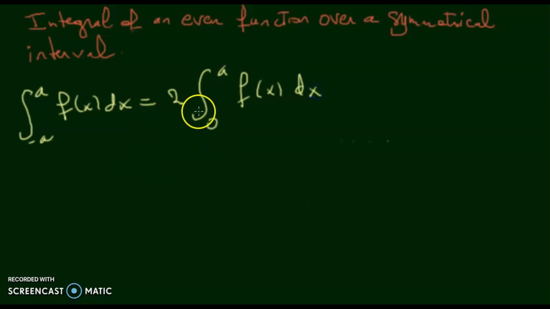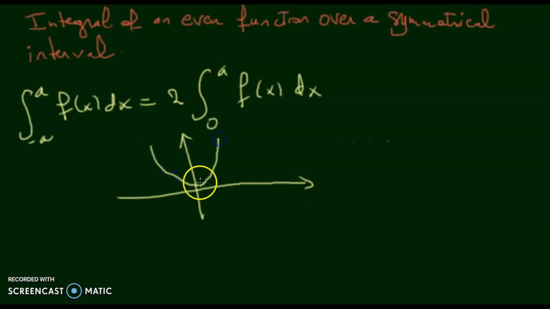This is a very great way to simplify integrals, especially when you get to calculus 3 and so on. And it illustrates the fact that the graph of f is symmetrical over the y-axis. If I take the x squared function, which is symmetrical over the y-axis, I'm not drawing with a lot of precision here, but say this is the origin (0, 0).